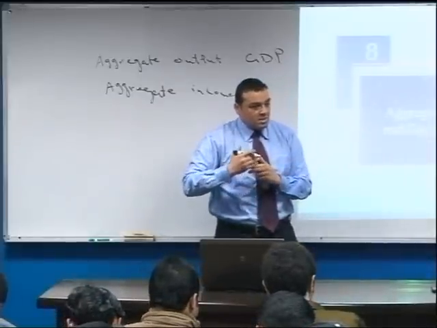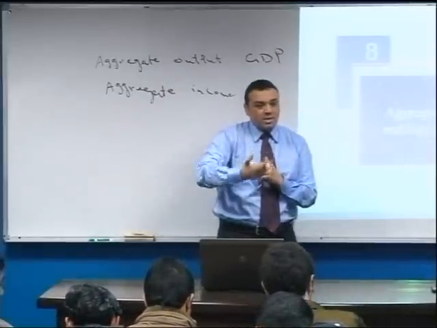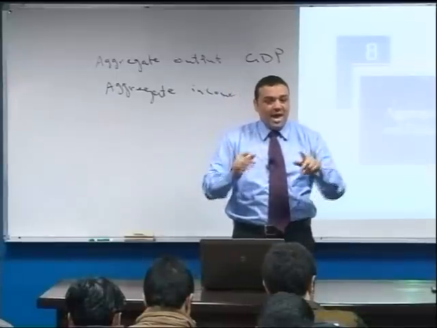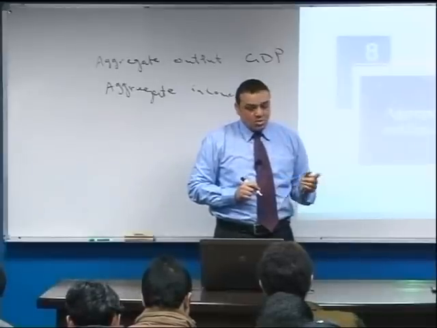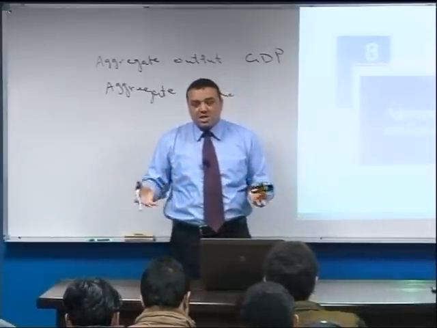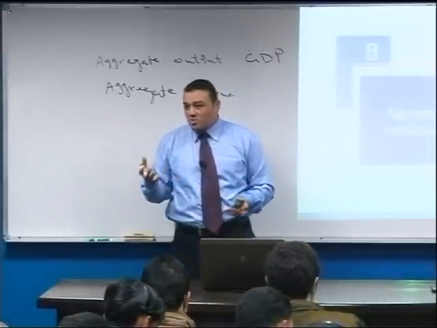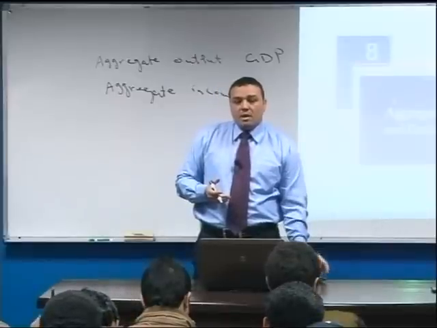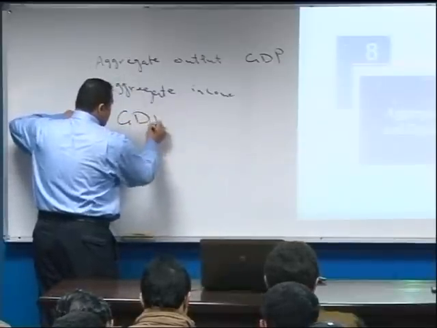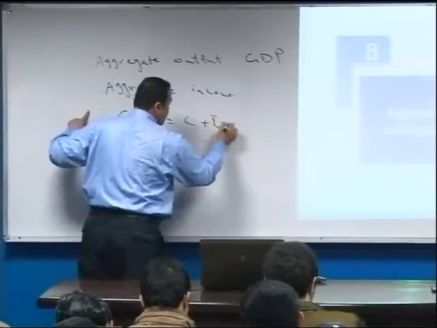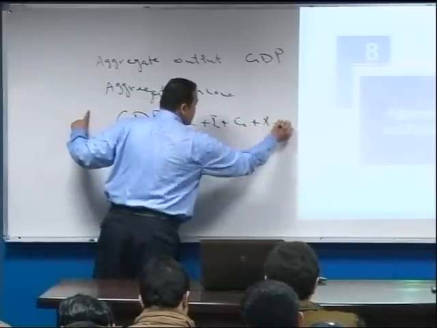So from this time, we will deal with the aggregate income as the aggregate output, right? In this chapter, we will focus on the value of consumption. As you know, the GDP equals C plus I plus G plus X minus M, right?